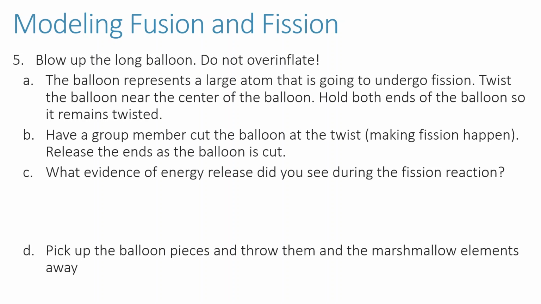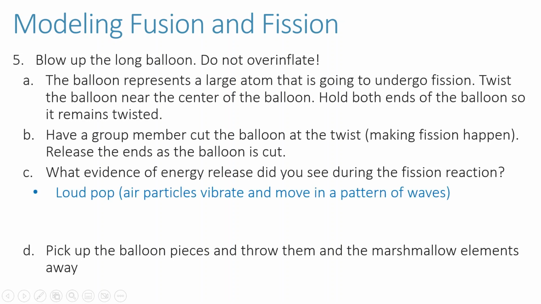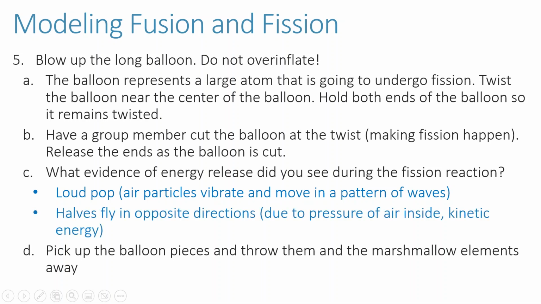So what evidence do we have that energy was released during this process? Well, one, you probably heard a loud pop. That was energy being given off whenever that balloon is popped. And then the halves of the balloon move in opposite directions due to the pressure of the air inside of the balloon.